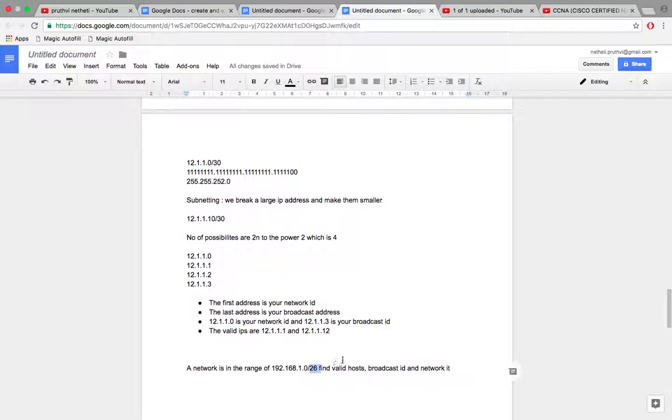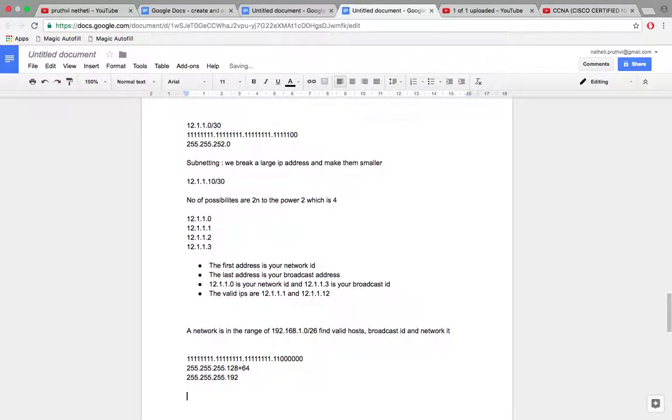Slash 26 means, let's write /26 in binary: 8 bits, 8 bits, 8 bits, and 2 bits. So the subnet mask is 255.255.255.128 plus 64, that is 255.255.255.192.